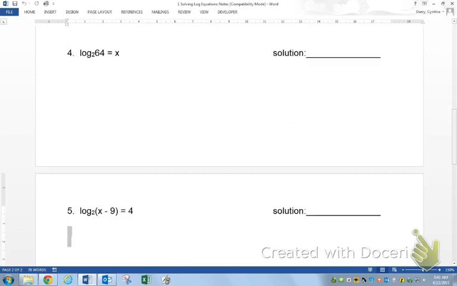All right, number 4, log base 2 of 64 equals x. My log's by itself. Just rewrite it. So it would become 2 to the x equals 64. All right, well, my chart doesn't go that high. The highest it goes is that 2 to the 5th power equals 32.